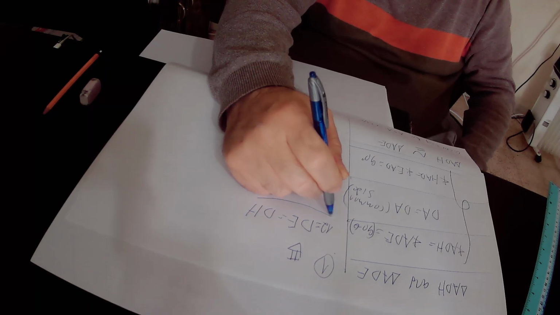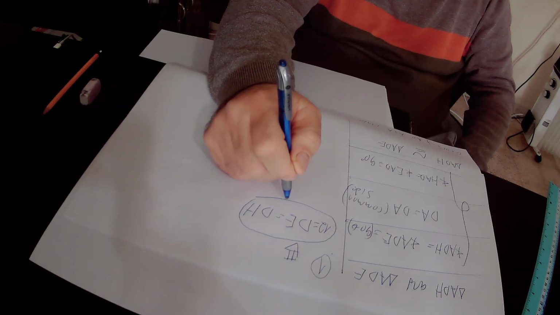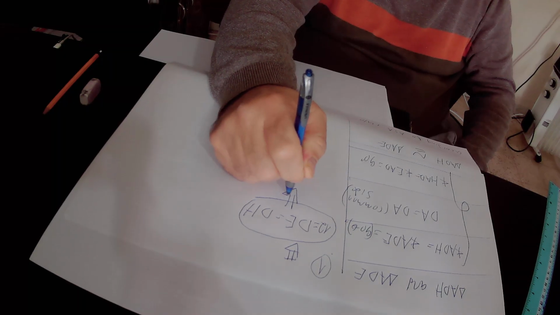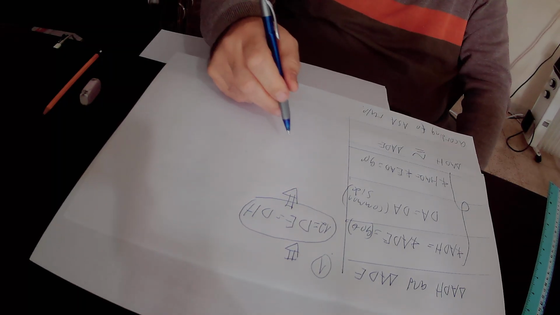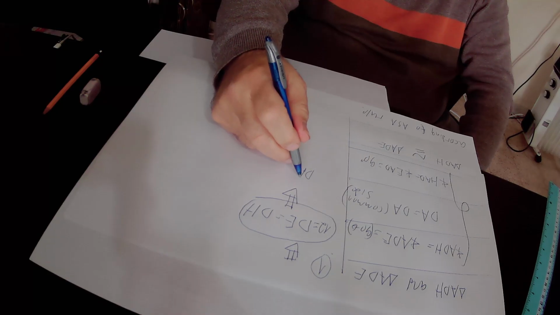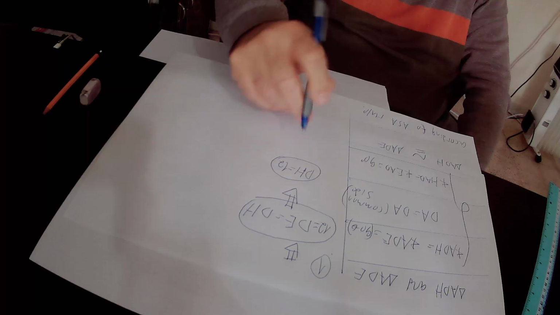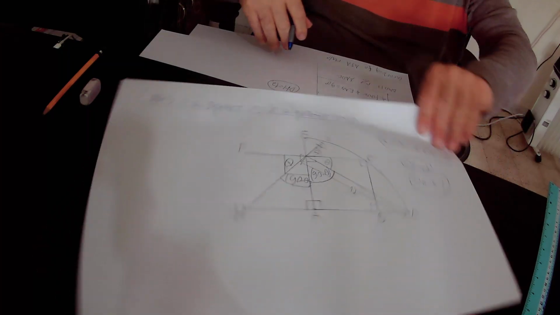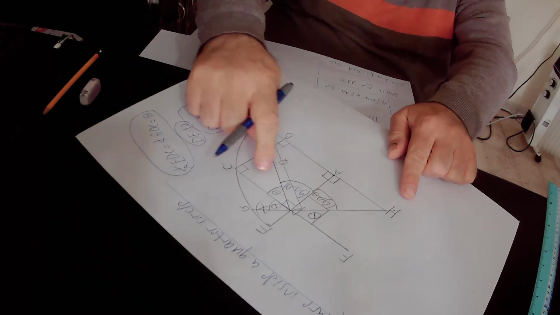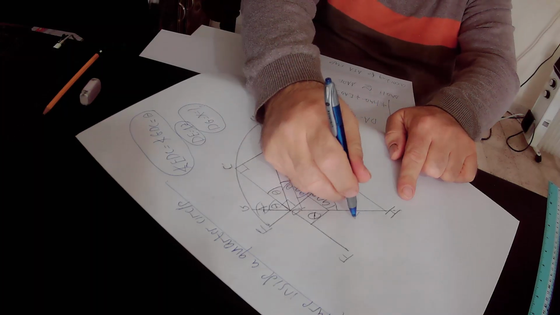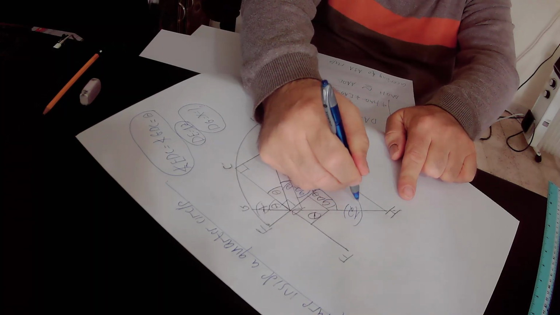And from the equation 12 equals DE equals DH, we derive that DH also equals 12 units in length. So this is side DH and it equals 12 units in length.